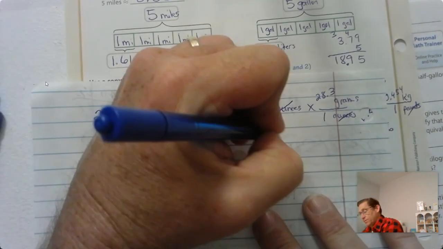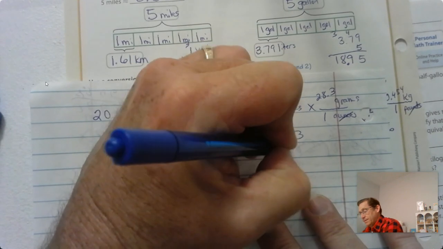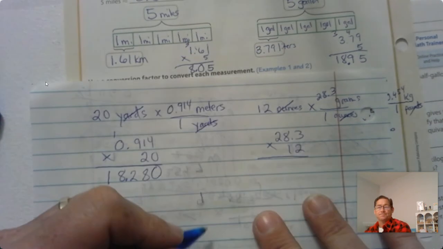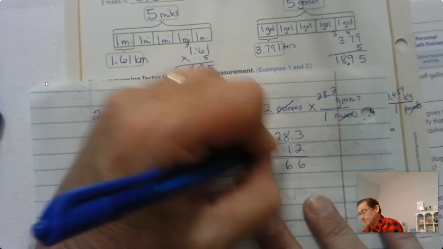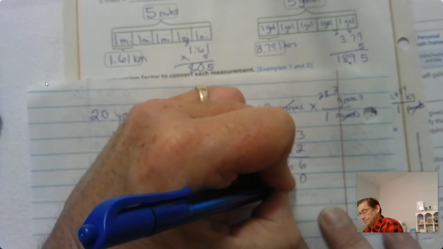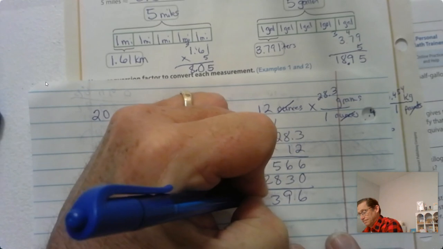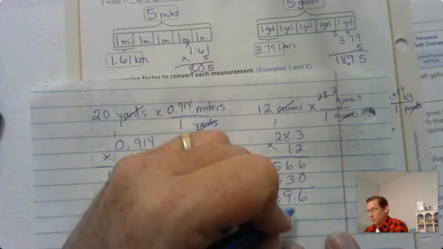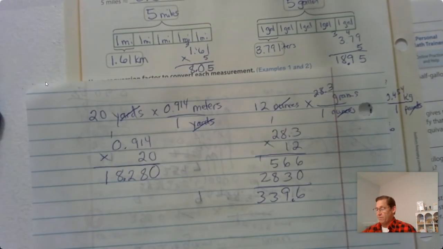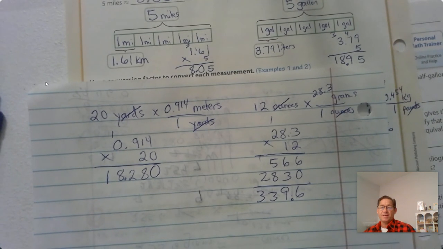So divide out the ounces and multiply 28.3 times 12. One decimal place. So 12 ounces is 339.6 grams.